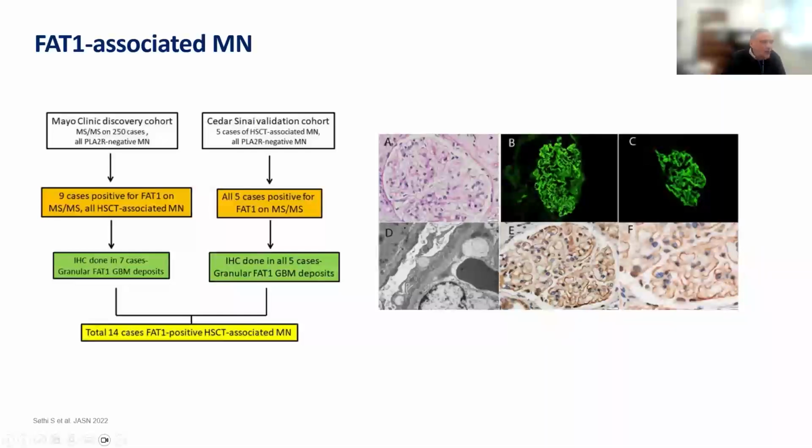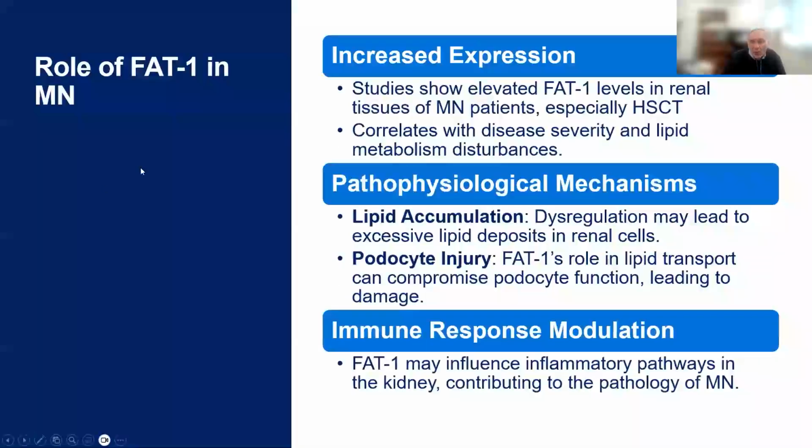One of the issues with FAT1 is that increased expression in renal tissues, especially after transplant, correlates with the severity of this disease and with lipid metabolism disturbances.